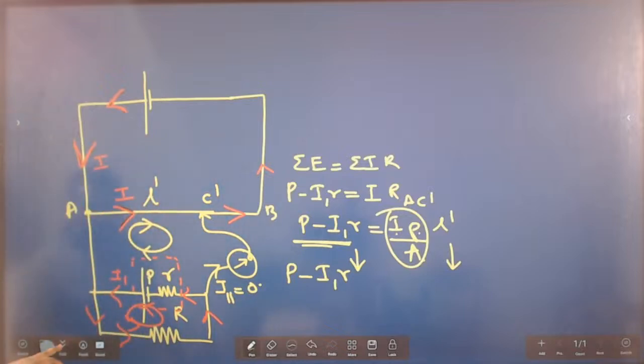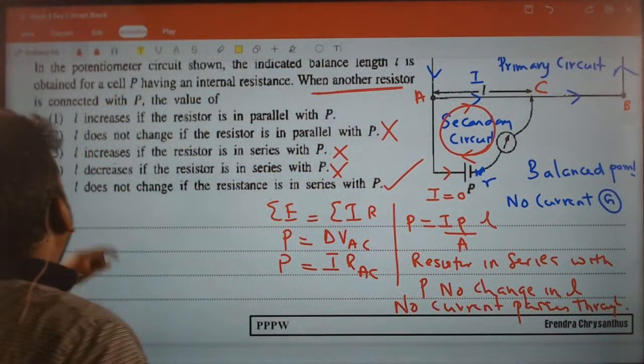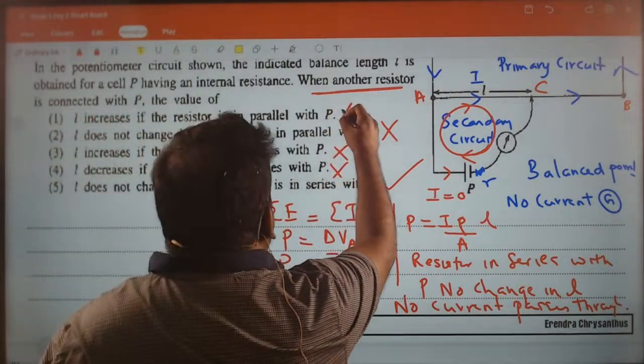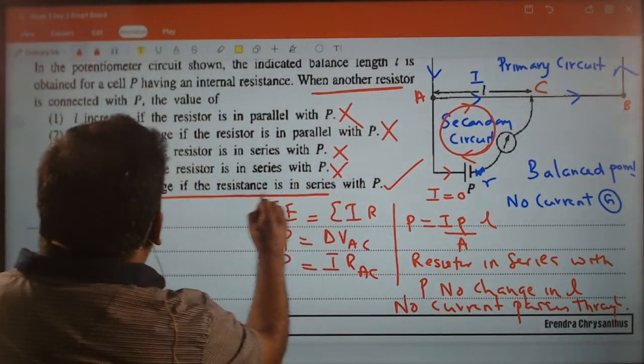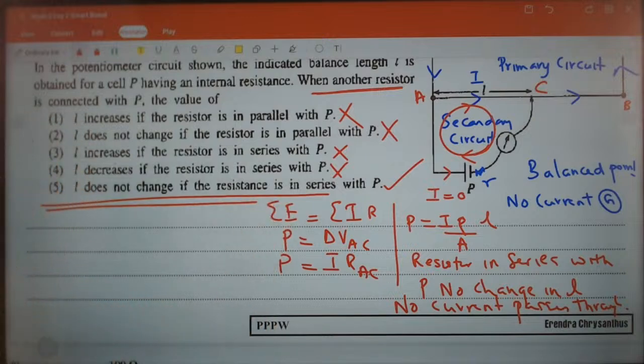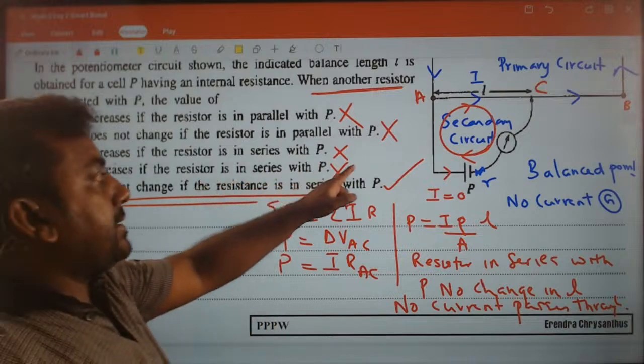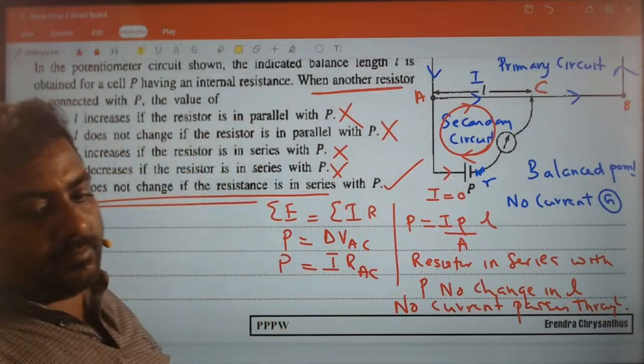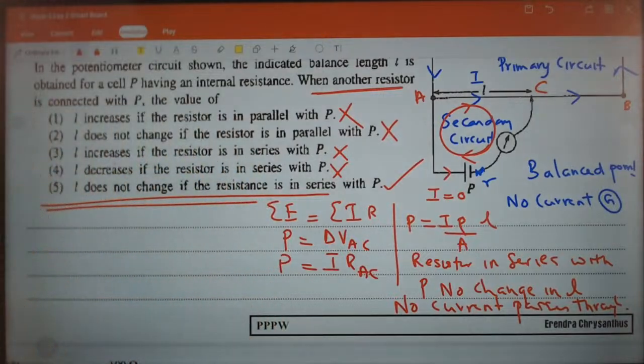So L increases if it's connected in parallel. Wrong. The correct answer is answer number 5. If we connect a resistor in series with P, there is no current passing through.